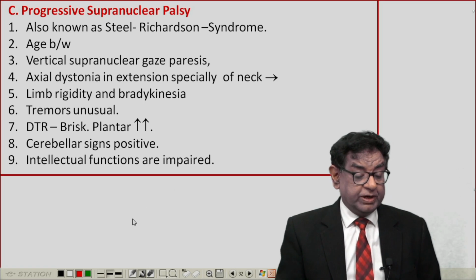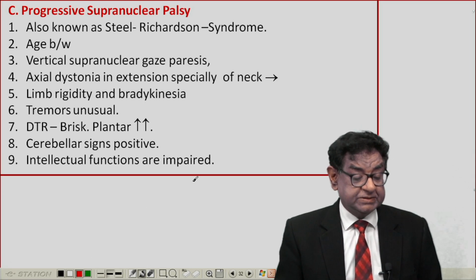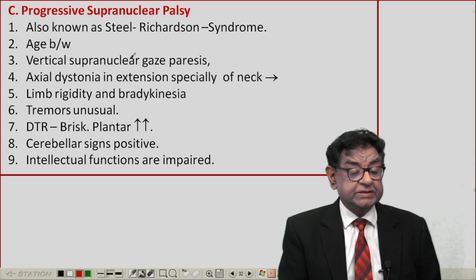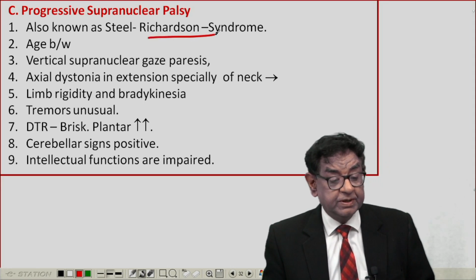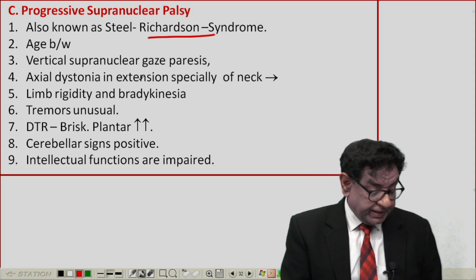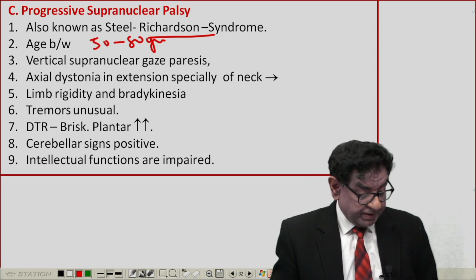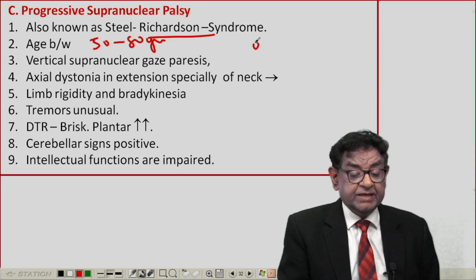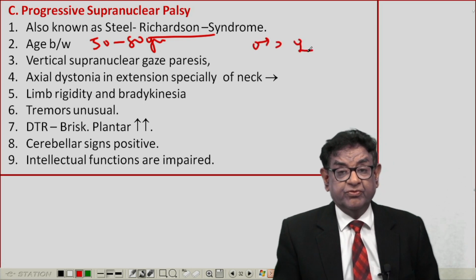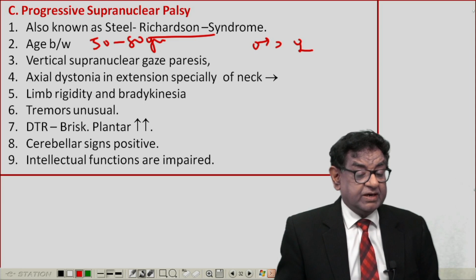Then we have one more entity, the so-called progressive supranuclear palsy, also known as Steele-Richardson syndrome. The usual age is between 50 and 80 years. That means it usually occurs in elderly people and slightly more in males as compared to females. What is the classical feature?